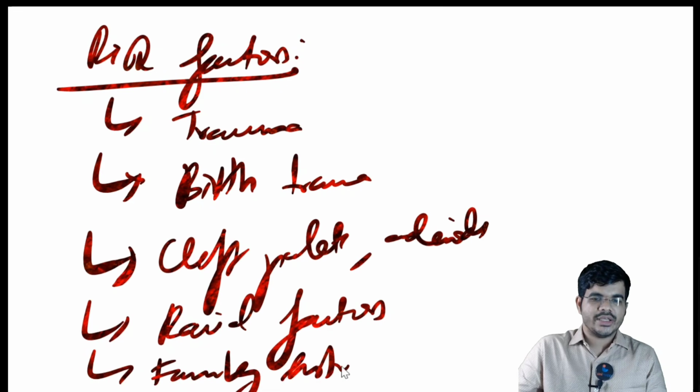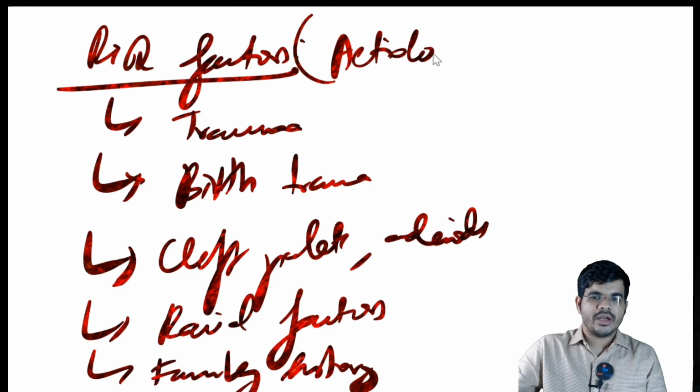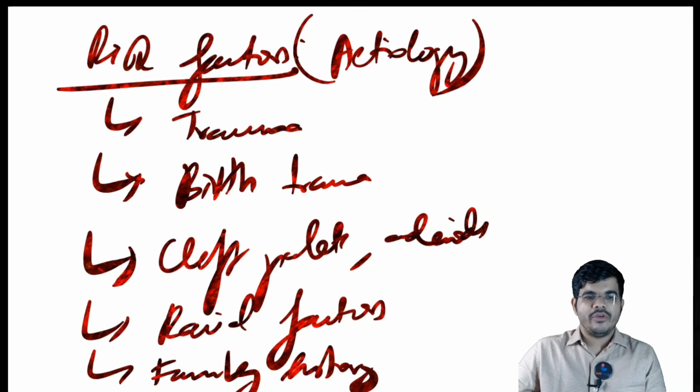So these are the various etiologies postulated to cause a deviated nasal septum, even though a deviated nasal septum is more common than a straight septum. Now, what are the types of deviated nasal septum?